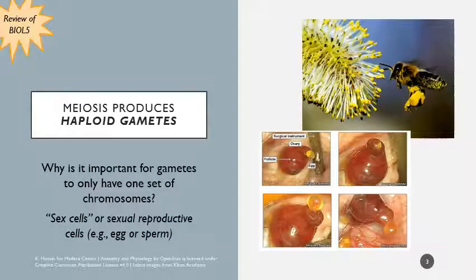So I just wanted to briefly review some stuff that we've talked about over the past couple of lectures, specifically in terms of gametogenesis through the process of meiosis. So remember that when we make gametes, we are forming haploid cells. They only have one full set of chromosomes, but the majority of our cells in our body have two sets of chromosomes, one from one of our parents, one from the other parent.